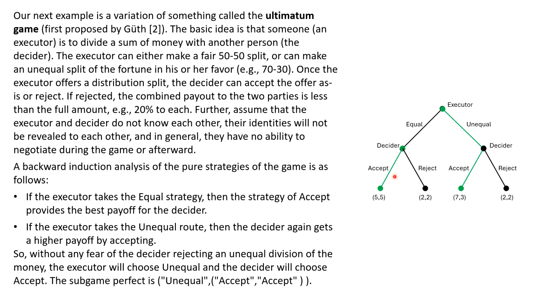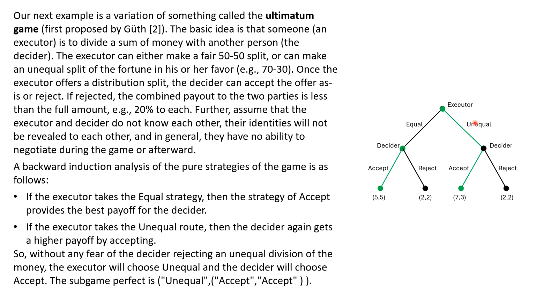So again, just to emphasize here, on the equal side, it's 50-50. If the decider accepts, they each get 50% of whatever the money or whatever's in the will. And if the decider rejects, they get a lesser amount, 20% each. I don't know what happens to the other 60%, but they get less than what's in the total amount.